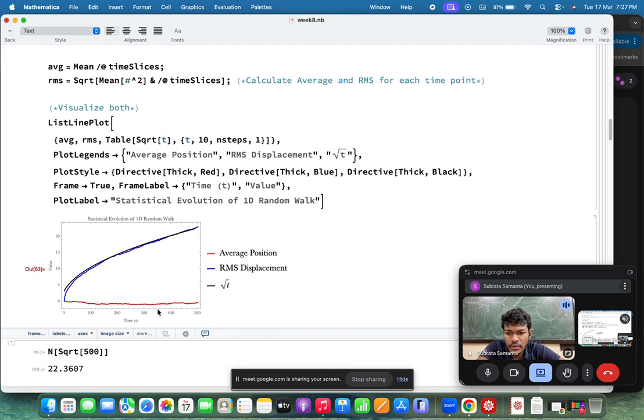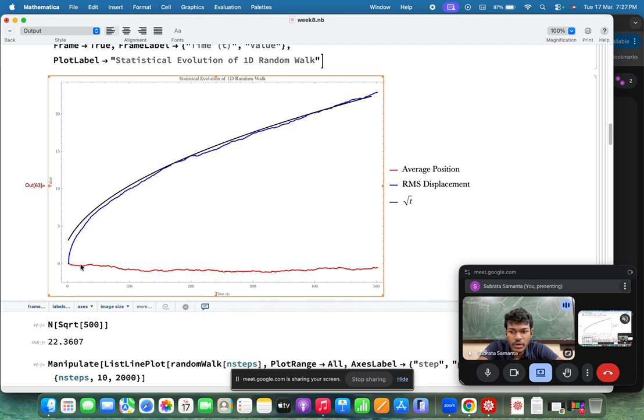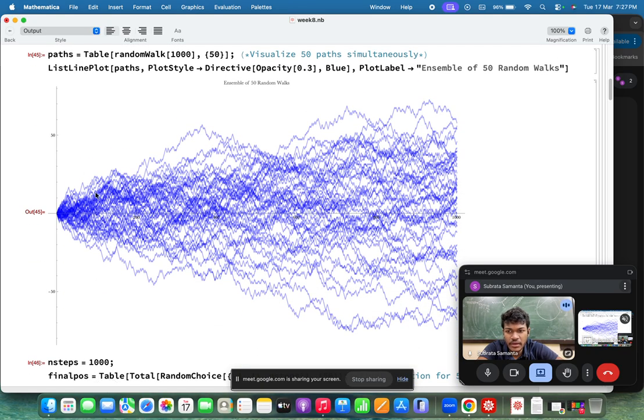So now we see your average position is almost 0. For each time slice, when you average over all the paths, it's 0, as expected. This is because the paths are spread around the y equals 0 line, that is, around the x axis.